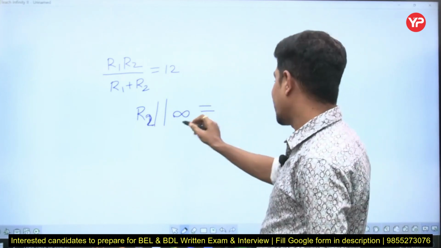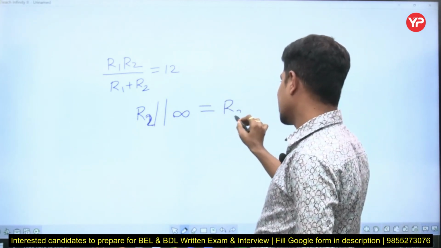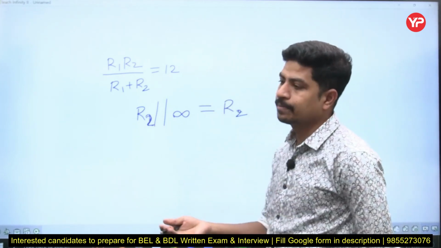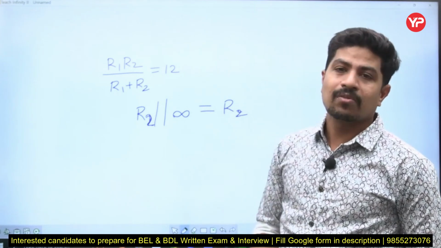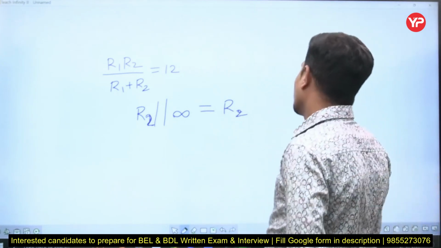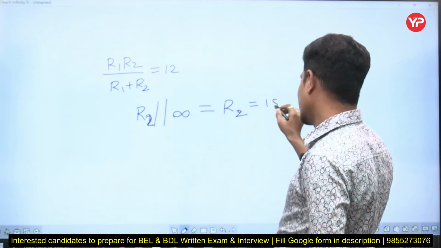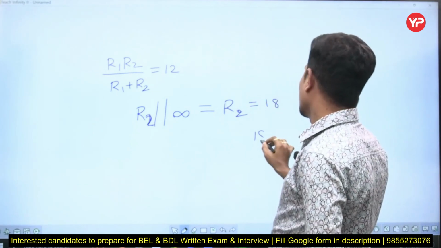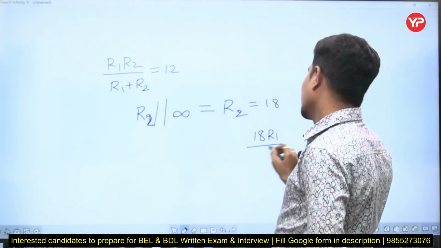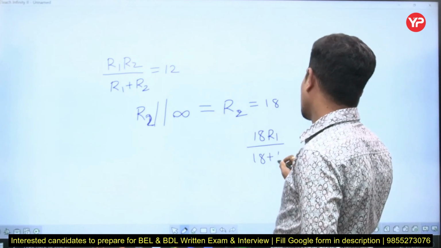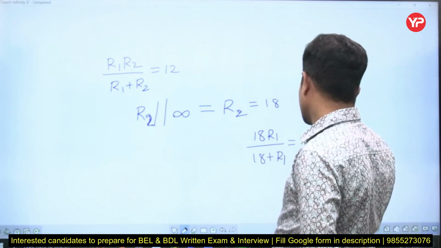Any resistance in parallel with infinite is the same resistance, infinite will not be there. R2 in parallel with infinite is R2 only. Then how much is given? That is 18. Now substitute: 18 R1 by 18 plus R1 is equal to 12.